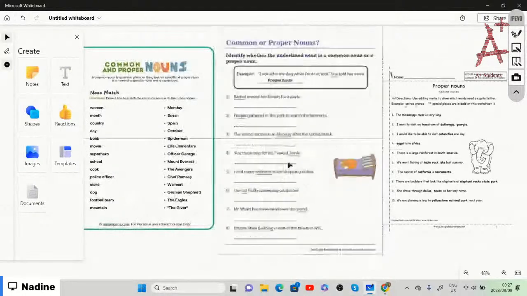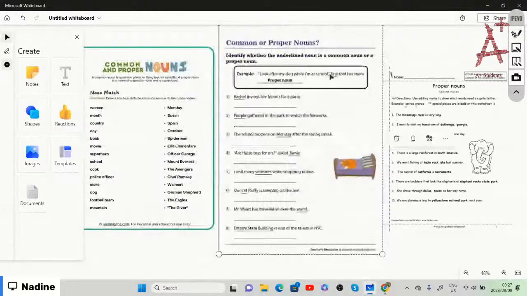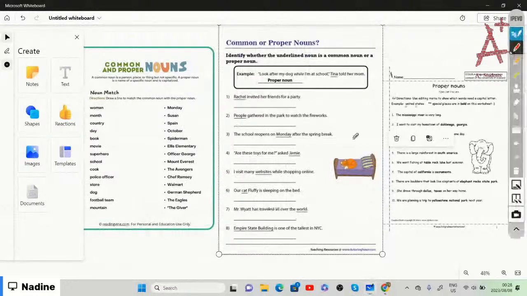We need to identify whether the underlined noun is a common noun or a proper noun. And the example is given to us. For example, "Look after my dog while I'm at school," Tina told her mom.